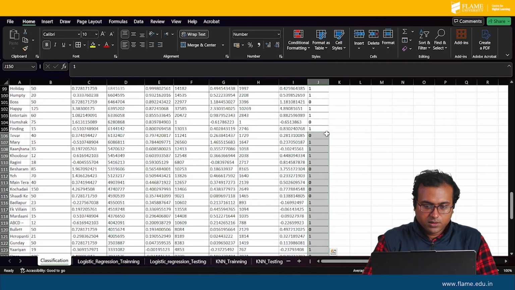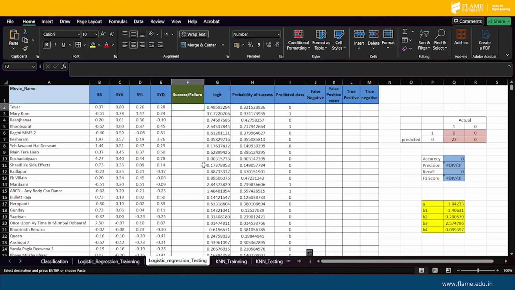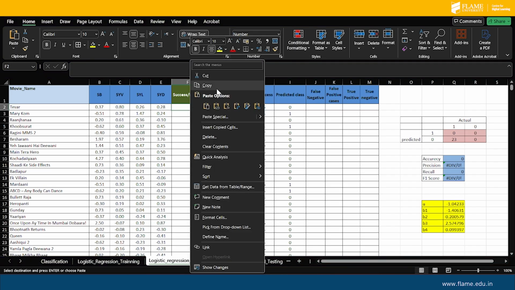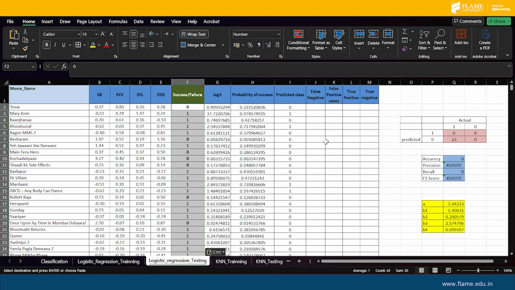So if you copy, put it over here, now we have an original comparison between the predicted or estimated and the original value, and based on this too we can easily calculate the performance of my model.